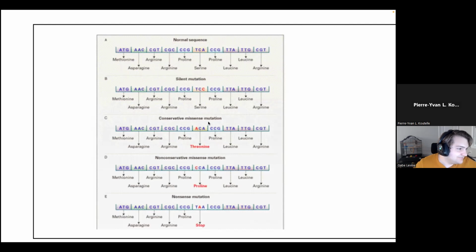And my question is, during the exam, will it give us something similar to that and ask us to identify the mutation, or just give us a case, like there is a conservative mutation in this codon?